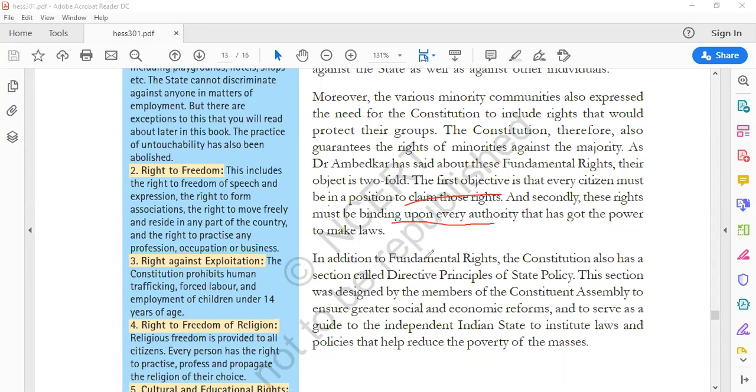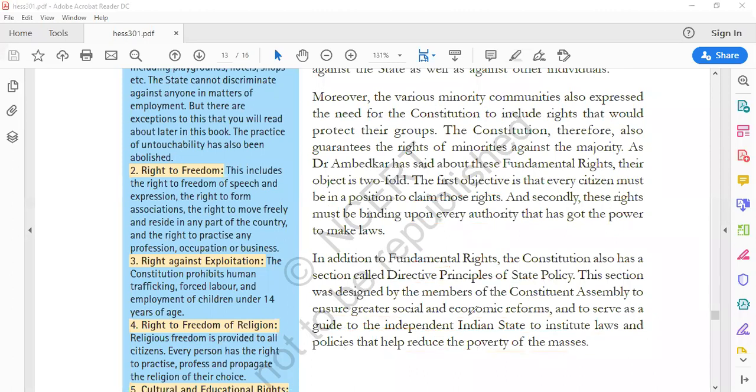Now, in addition to fundamental rights, there is DPSP, Directive Principles of State Policy. This was designed by the members of the Constituent Assembly to ensure greater socio-economic reforms and to serve as a guide to the independent state, that is the Indian state, to institute laws and policies that help reduce poverty of the masses.